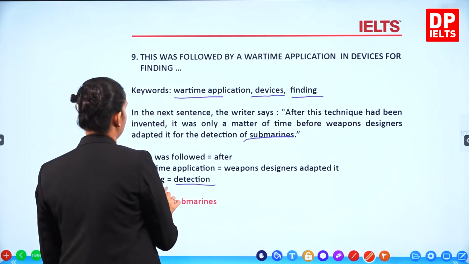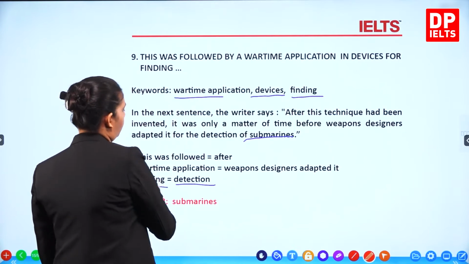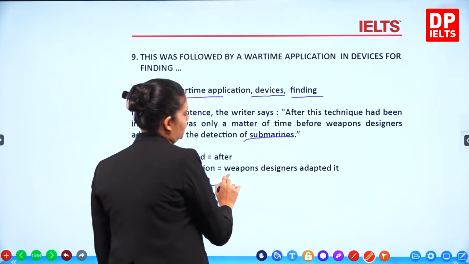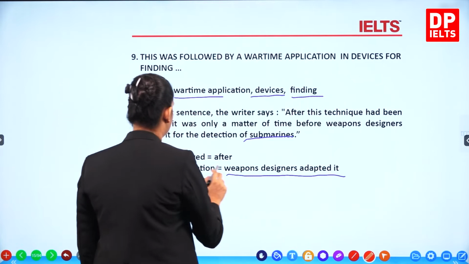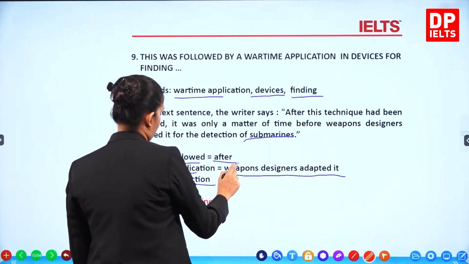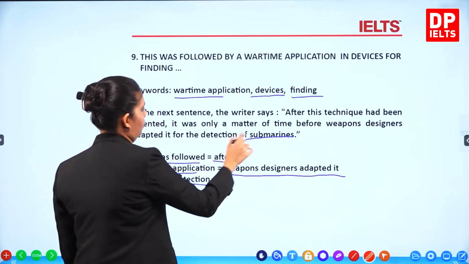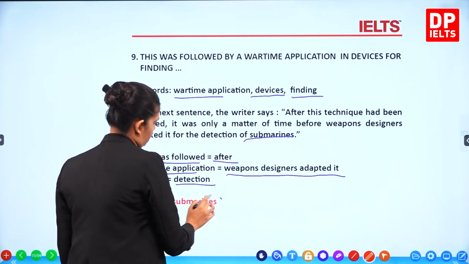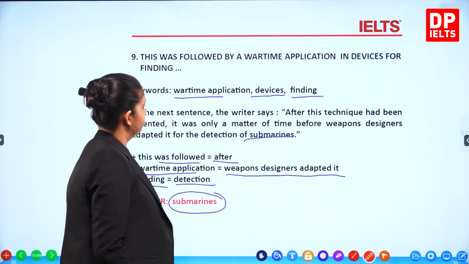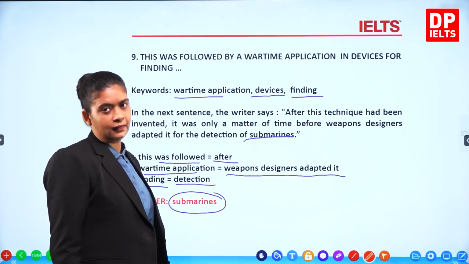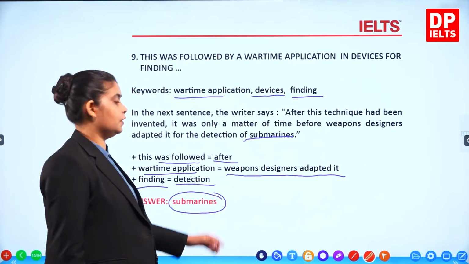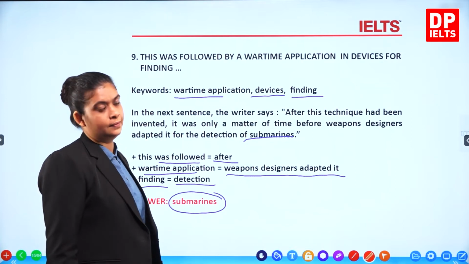So, detection means finding, wartime application means weapons designed and adapted it. This was followed means after. So, it was finding for what? Finding of submarines. Clear? If the S is not there, the answer is wrong.